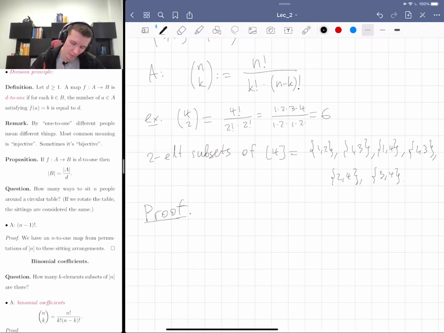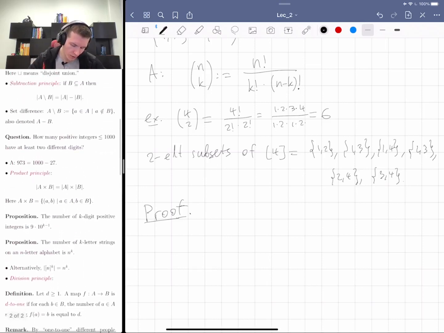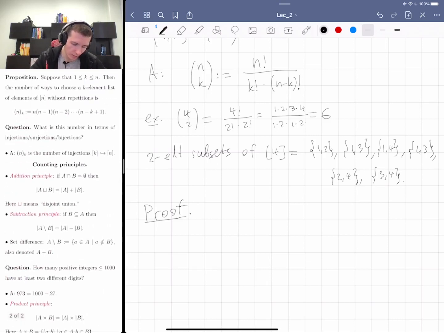So I'm going to use what I already computed. As you remember, at some point I computed the number of partial lists, the number of injections from bracket k to bracket n.